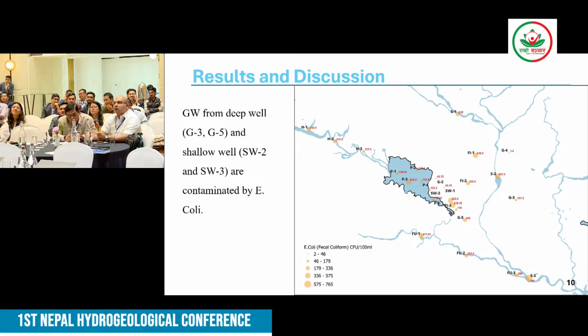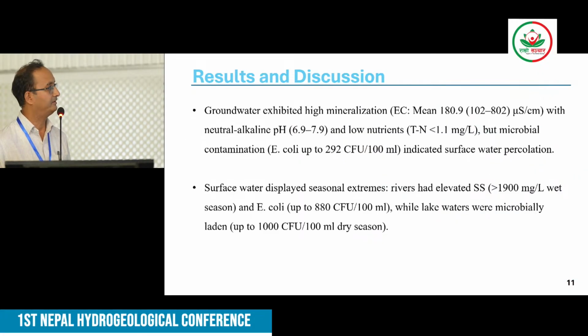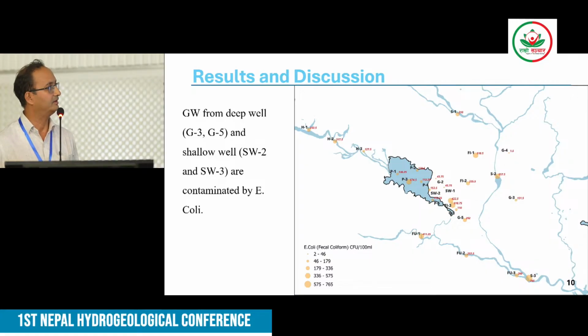So here in this plot, we just did the spatial distribution of the E. coli contamination and the concentration. So as I already mentioned, all the water sources, river water, lake, and the groundwater sources are contaminated with E. coli.